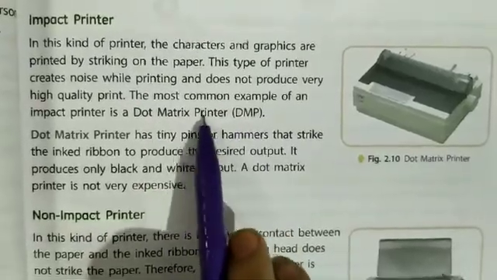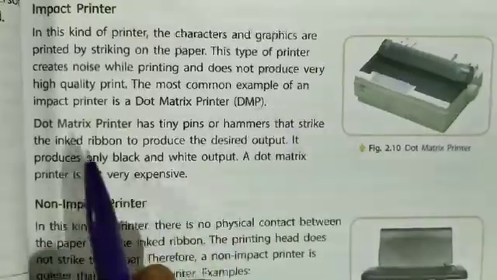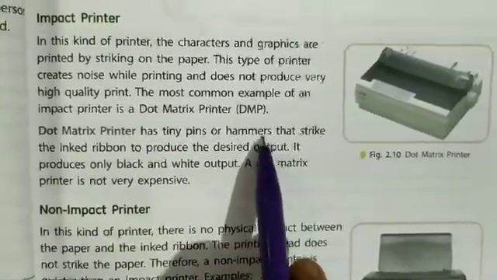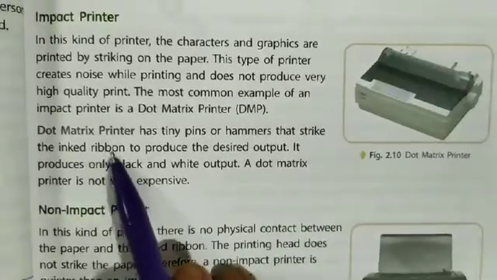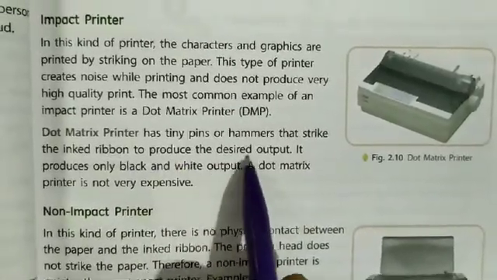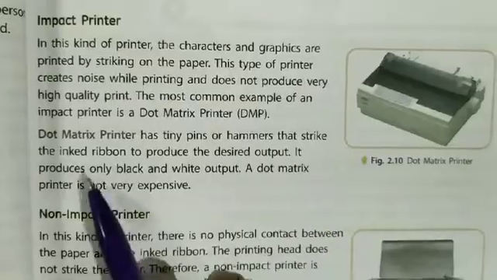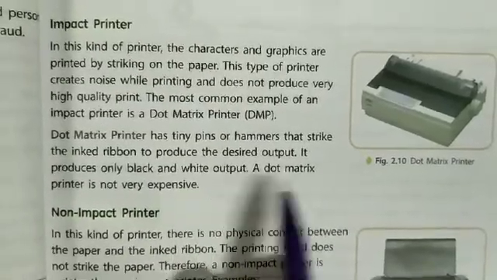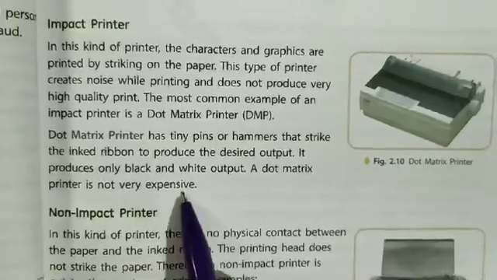The short form of dot matrix printer is DMP. A dot matrix printer has tiny pins or hammers that strike the inked ribbon to produce the desired output. It produces only black and white output. A dot matrix printer is not very expensive.